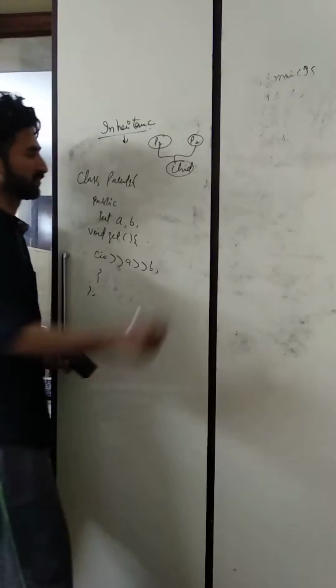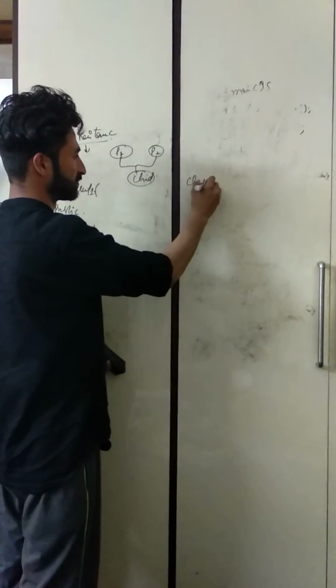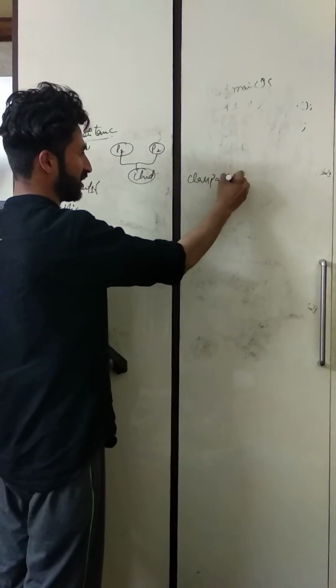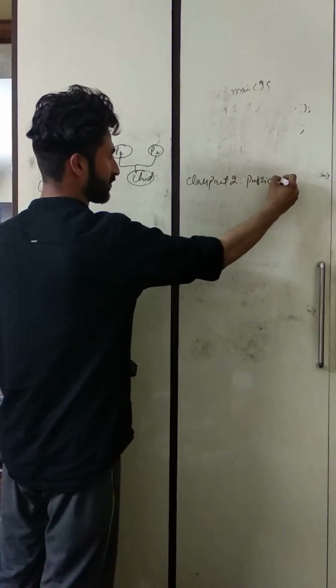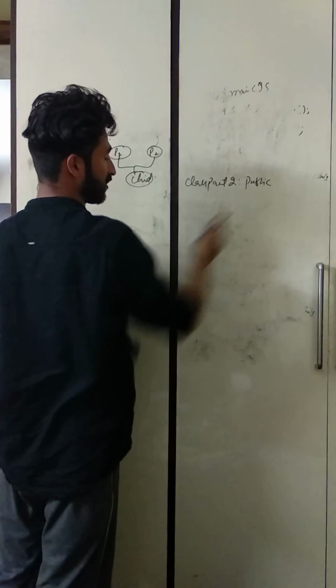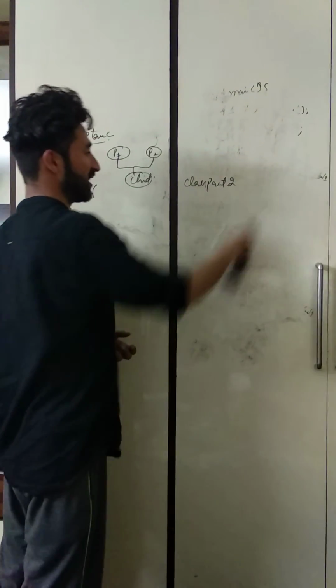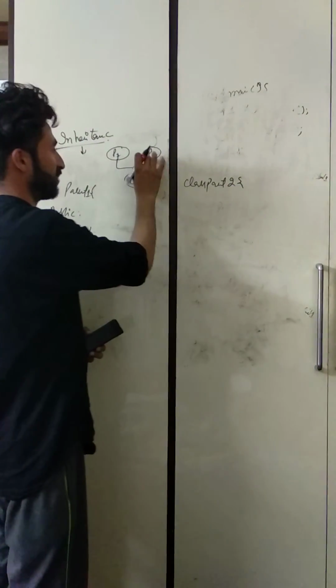Close this. I am writing class parent 2. Similarly I am writing public. No, I am not inheriting any class because this is the parent class.